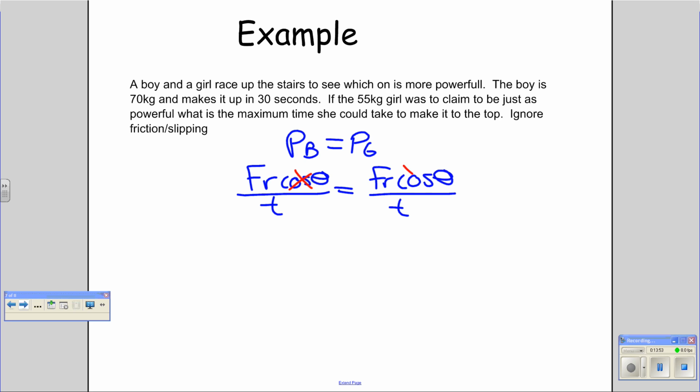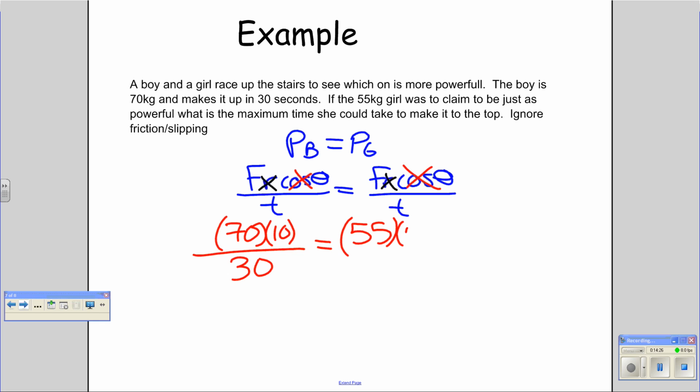We don't have to worry about the angle because we just care about how far up they're going. So the force required for the boy to go up is 70 kilograms times 10 meters per second squared. And we don't need to know the R's because the R's cancel on both sides. So that divided by T, which is 30, equals the 55 kilogram girl times 10 over T of the girl.